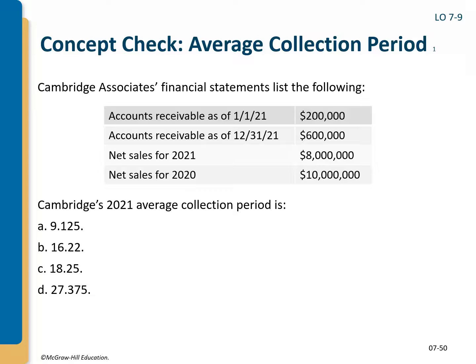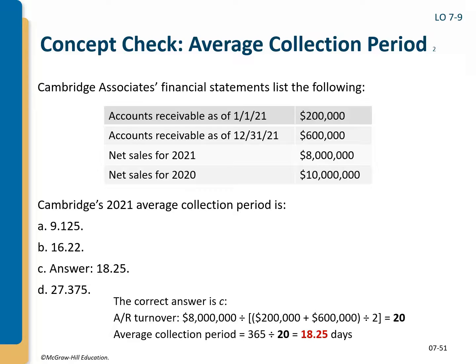So 8 million divided by 400,000 will give us 20 times. Take 365 days divided by 20 times a year, they collect their money every 18.25 days. Man, I love that. So about 18 days passes from the date of the sale on average to collection.